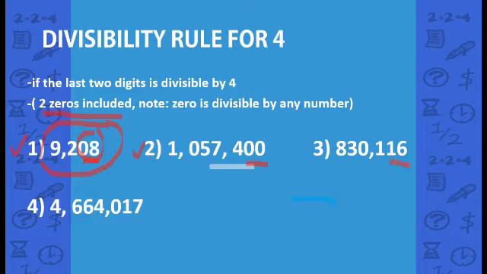So, 16. When we divide 16 by 4, we will get the exact answer 4. So, ibig sabihin, 16 is divisible by 4, and so, 830,116 is divisible by 4.